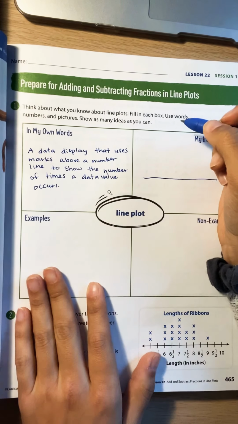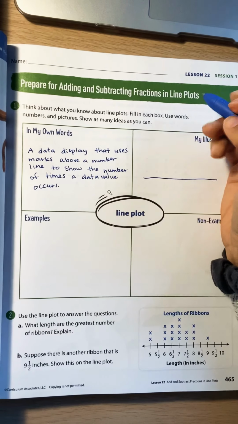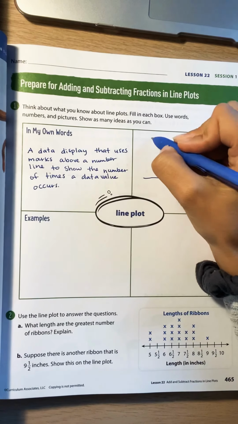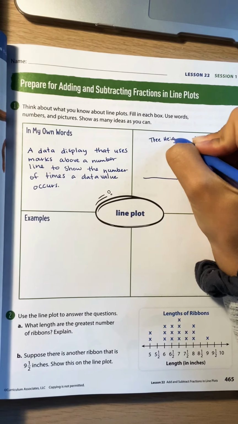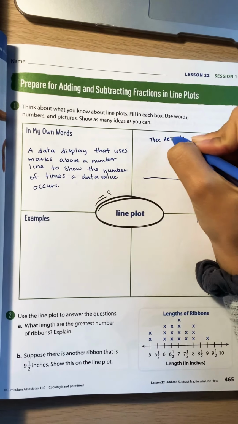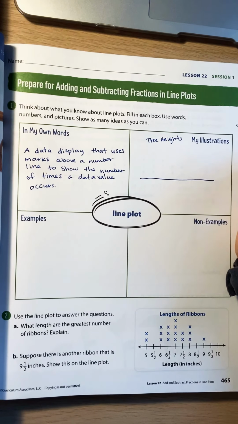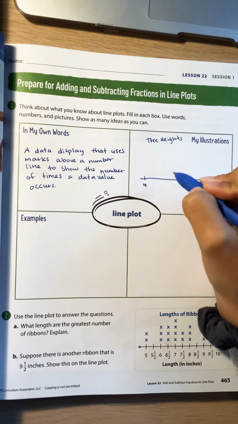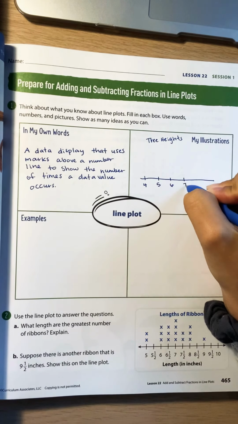So I'm going to do an example one. Let's just do tree heights in my yard. I'm obviously not going to go measure my trees, but I'm just going to come up with an example, right? Tree height. So let's say 4 feet, 5 feet, 6 feet, 7.